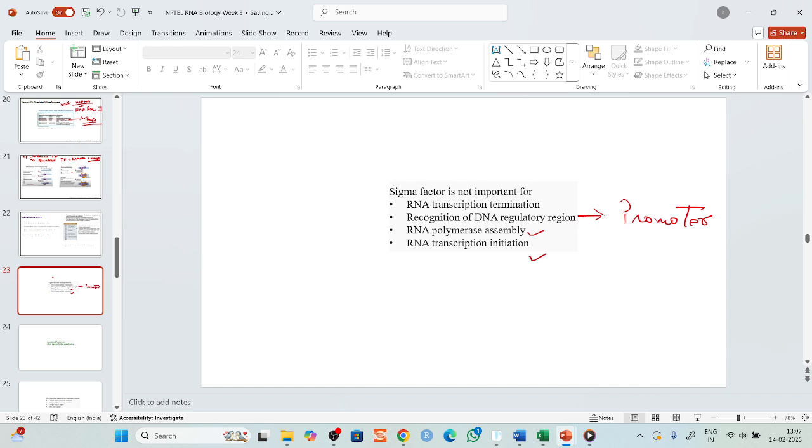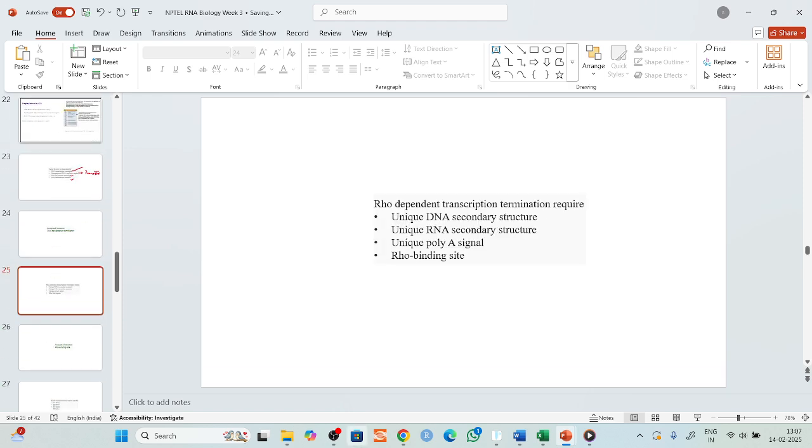No, it is in fact not present up till the termination step, because it gets released after transcription initiation. We have already discussed that maintaining sigma factor is an energetically expensive process, and since it is an energetically expensive process, sigma factor is released when transcription is initiated. So the correct answer for this is this one.